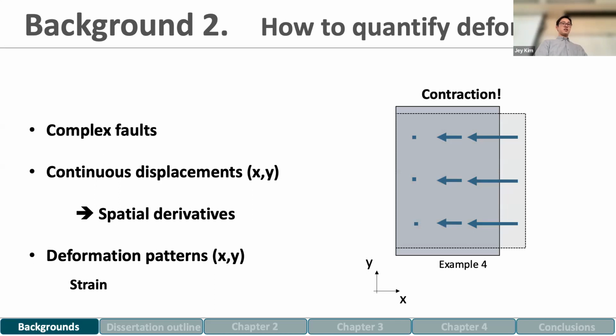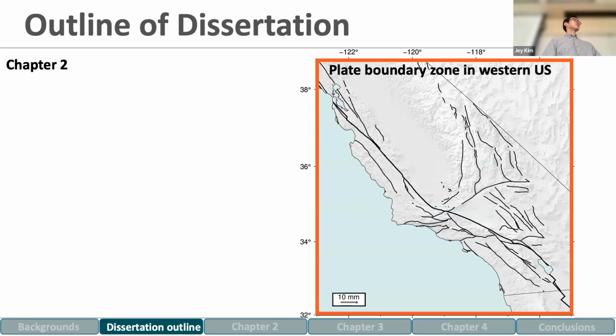It's another contraction. All I want to say is that if you know continuous displacements, then you can tell the status of strain or deformation. And if you have time-dependent continuous displacement, then you can also quantify time-dependent deformation patterns. So this is the background I wanted to share before I go further.